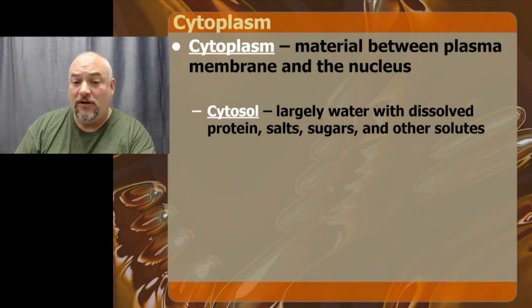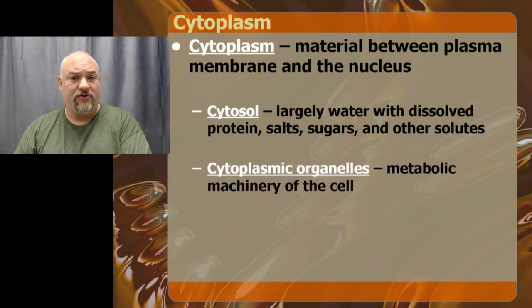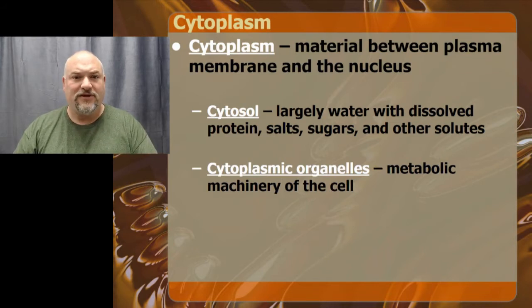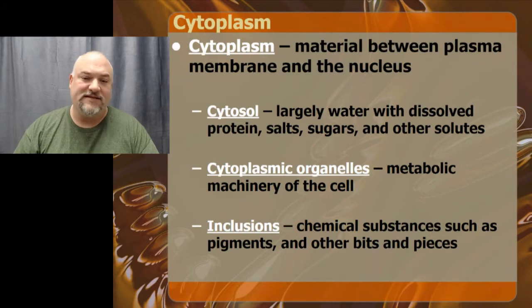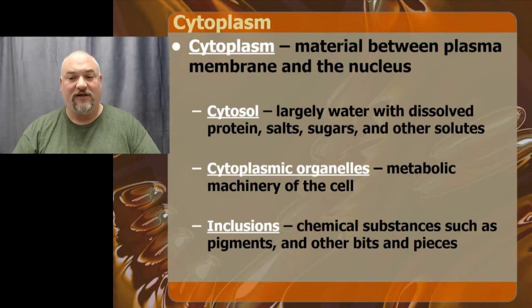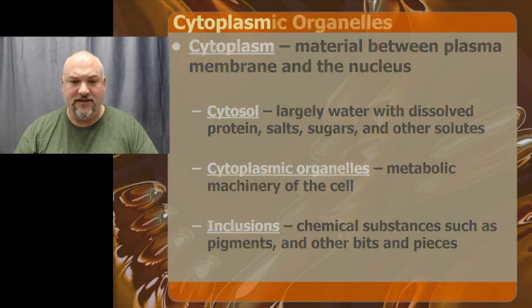That's cytosol. Then we have the cytoplasmic organelles, the organelles floating in there, okay, the things that carry out the metabolism of the cell. And then there's other things which we call inclusions, different chemical substances like pigments and bits and pieces that are too big to be included as part of the cytosol because they're not dissolved in there. Okay. Let's start taking a look at these organelles.